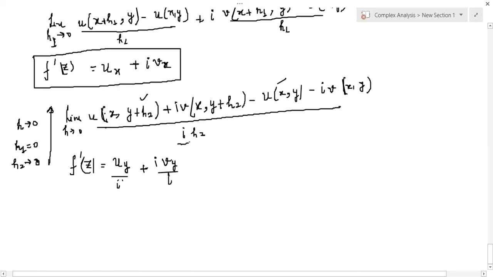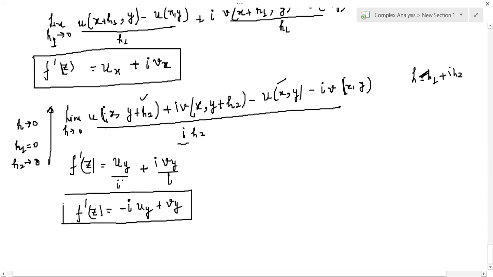This iota will be remaining because h was equal to h1 plus iota h2. So I'll get simply f dash z equal to minus iota uy plus vy.